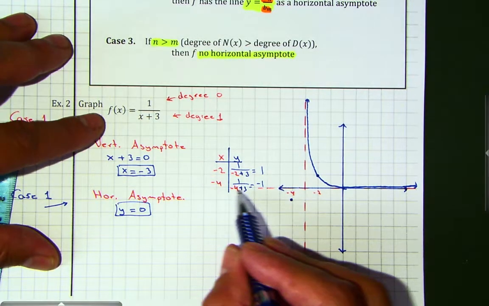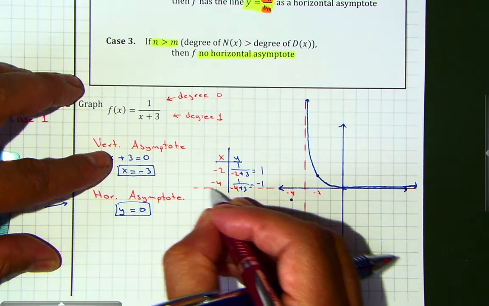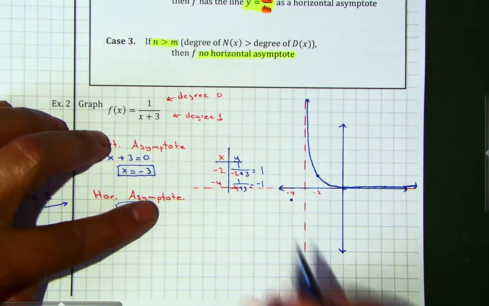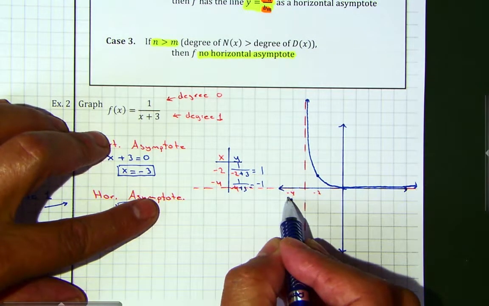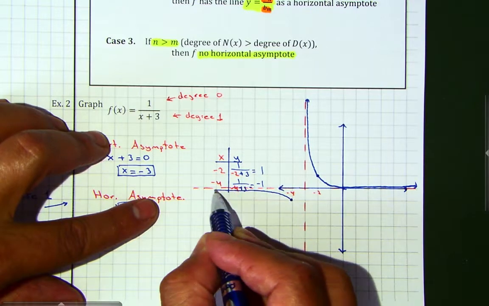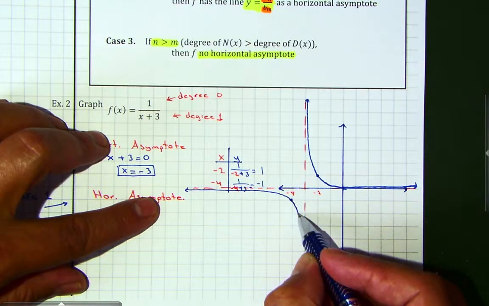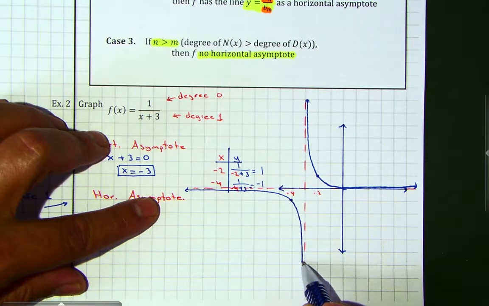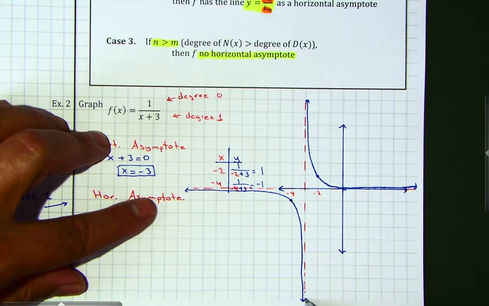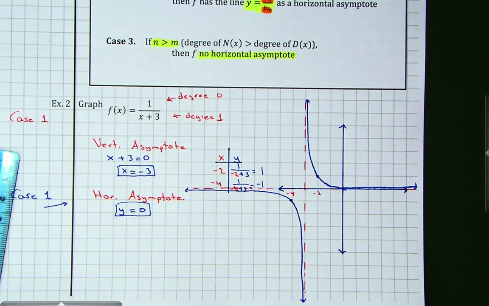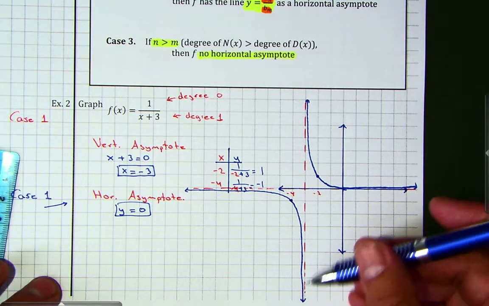And let me extend my asymptote all the way through. Your graph is going to get closer and closer to your asymptote, but it's never going to cross it. Remember that if you do cross it, I'm going to take a point out from you. So it's essential that you're not crossing your asymptote, it's getting closer and closer every single time.